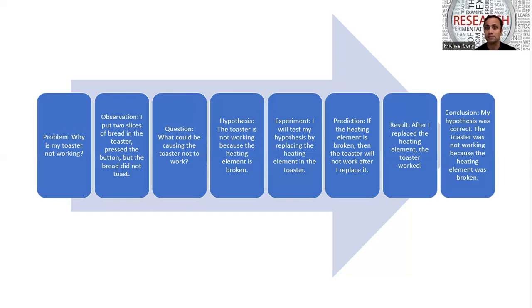I conduct an experiment by replacing the heating element, and the prediction is, if the toaster is not working due to the heating element being broken, then when I change the heating element, the toaster should be working now.